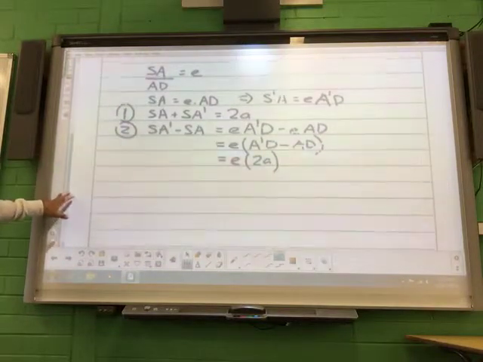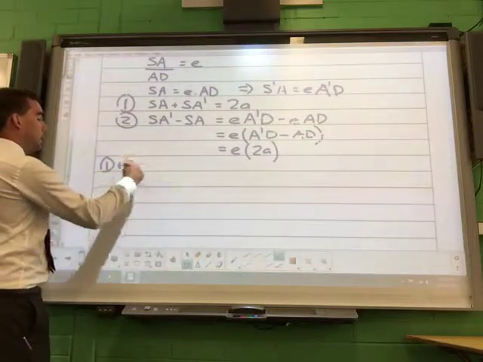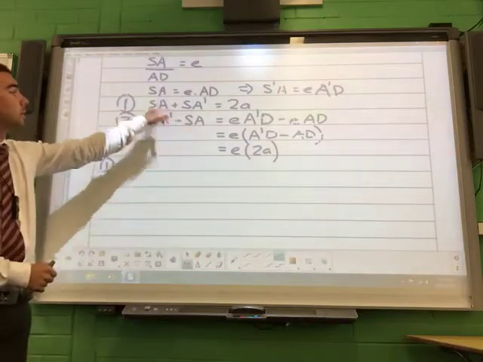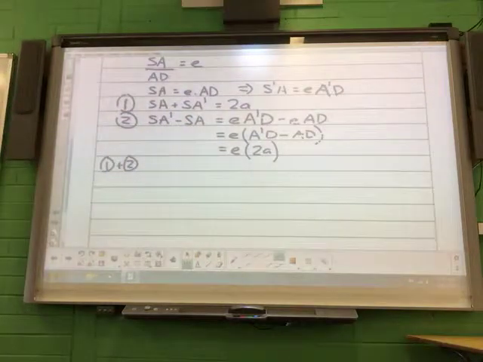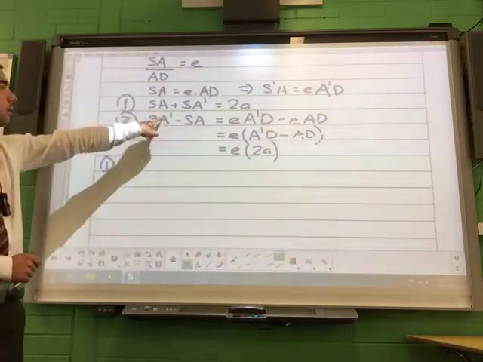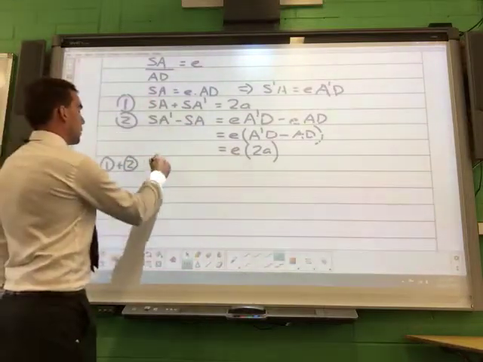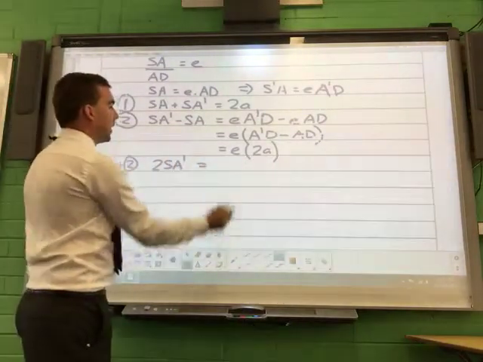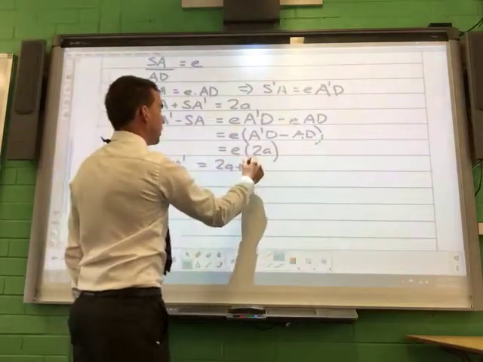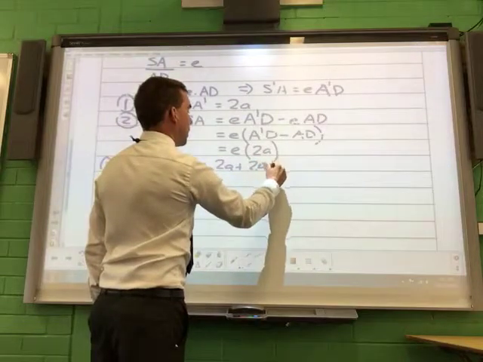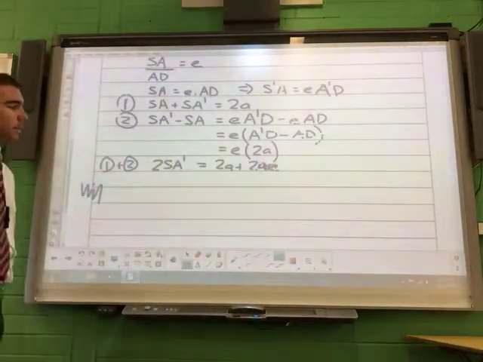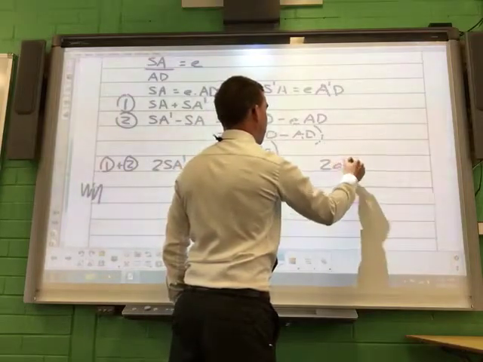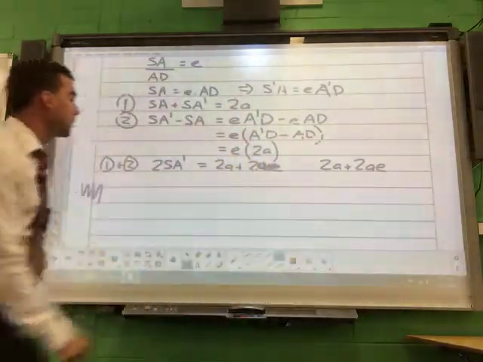Right, so we're going to write up a pair of equations. So 1 plus 2. And the reason why I'm adding them is because I'm going to eliminate this variable here. Alright, so I've already got that plus that, because that plus that will go to 0. So I've got 2 SA' equals 2A plus 2AE.